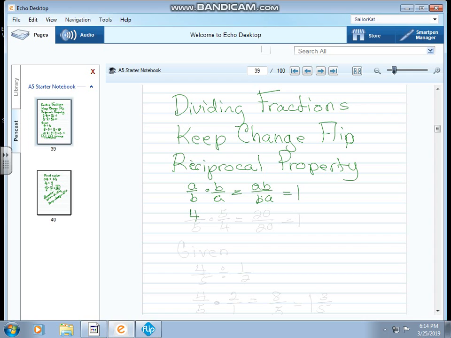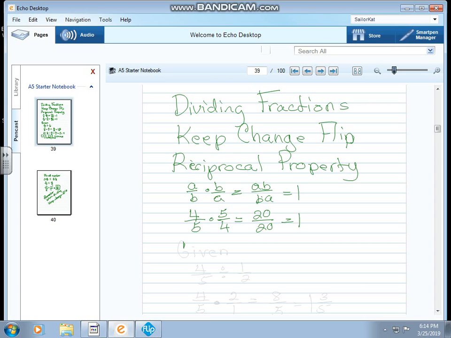So, for instance, if you have 4/5, you flip it, and you have 5/4, you will get 20 over 20, which is equal to 1. That property we will use often.